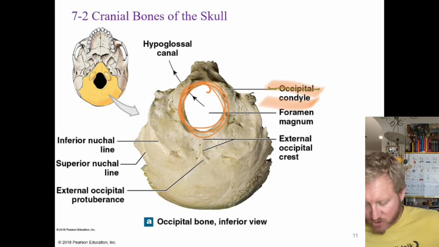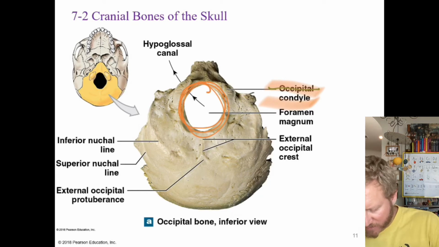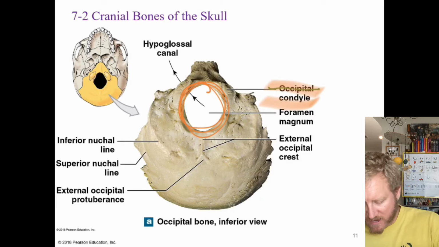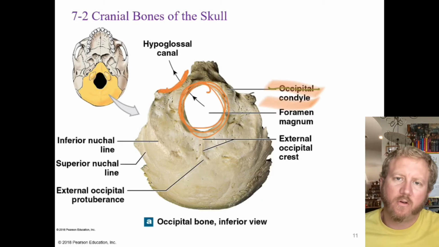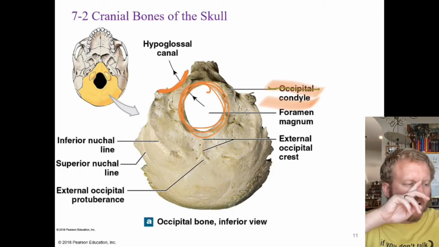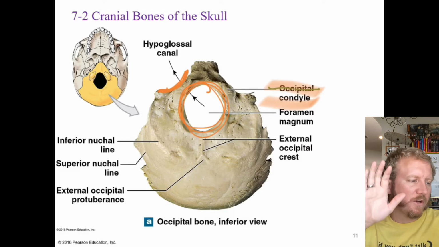And then you have the jugular foramen. Now the jugular foramen is kind of hard to see on this particular picture. We'll show it again. It's like here-ish, basically, and part of it is formed by the occipital bone and part of it is formed by some of the other bones that are anterior to this one.